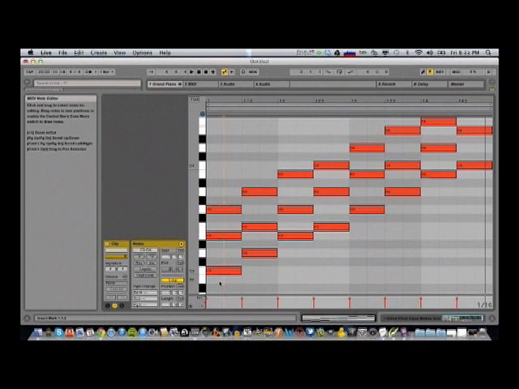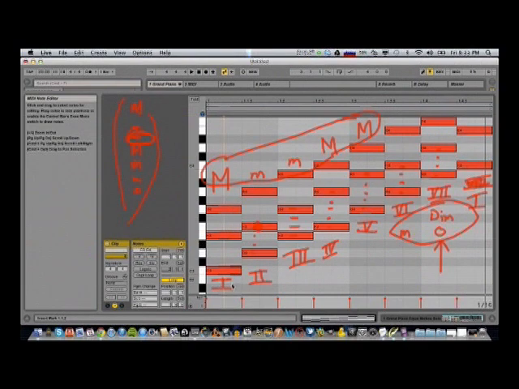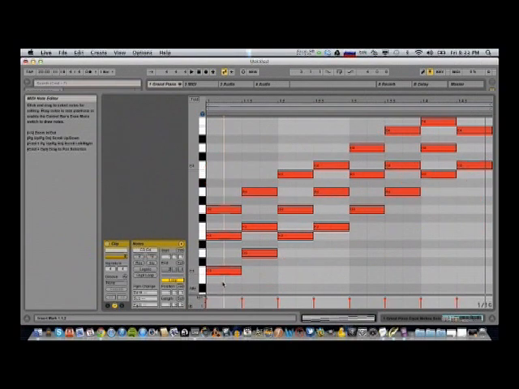So, major, 1. 2 is minor, so we use lowercase ii, in Roman numerals, just with I's. 3 is minor.